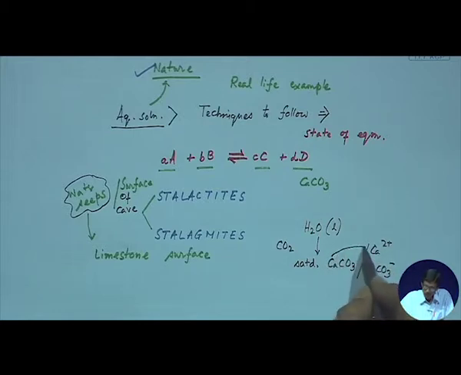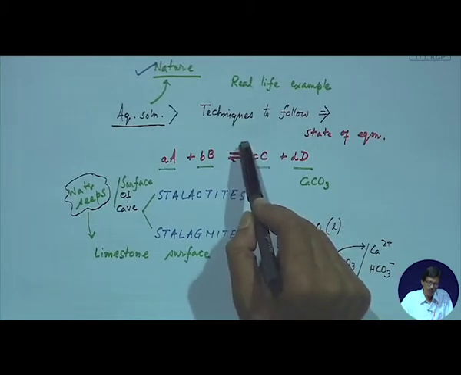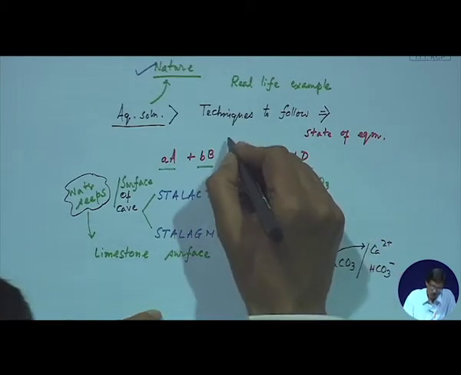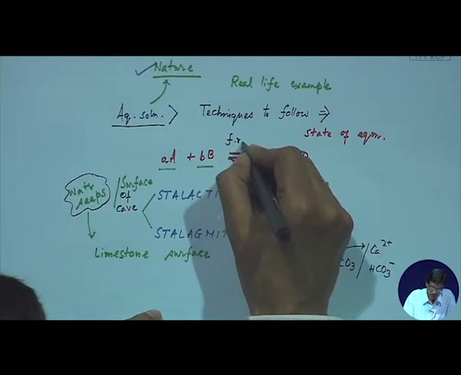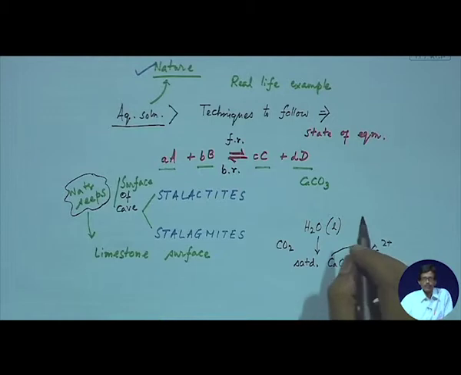Basically, some amount of calcium as calcium 2 plus is coming out, that means some amount of calcium is leaching out from the limestone, and we are getting this particular thing. If we have the equilibrium, that means there is a double-headed arrow. This is the forward reaction and this is the backward reaction.